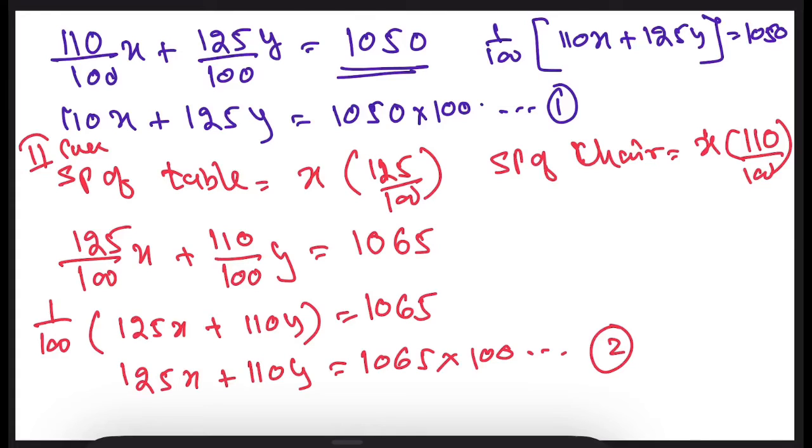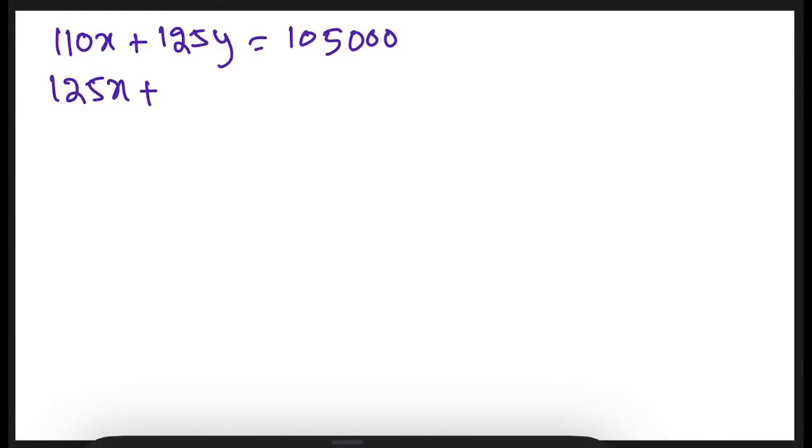Okay. Now first is what? 110 x plus 125 y equals to 105000. Okay. Then second equation, 125 x plus 110 y equals to 106500.